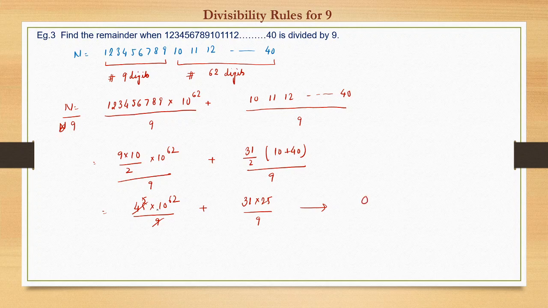Here it perfectly divides the numerator, so remainder is 0. And here 9 threes are 27, 4 is the remainder, and 9 threes are 27, so minus 2 will be the remainder. From the remainder theorem, this is basically minus 8. Minus 8 means plus 1. So plus 1 is the remainder here.